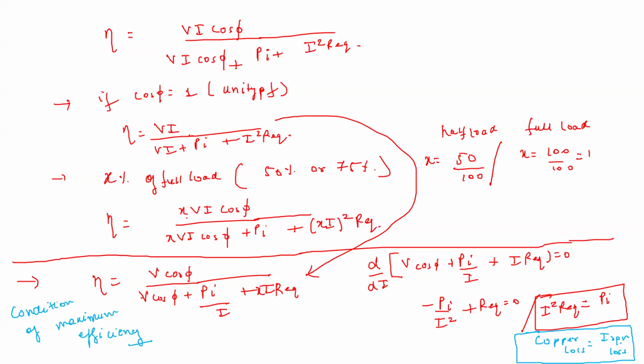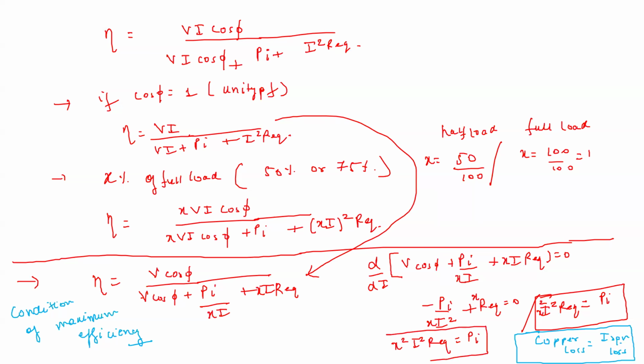Here also there is X, so this is XI, this is XI. Now this is X, here there is X. So this is basically X square I square R equivalent, so X square I square R equivalent is equal to Pi.